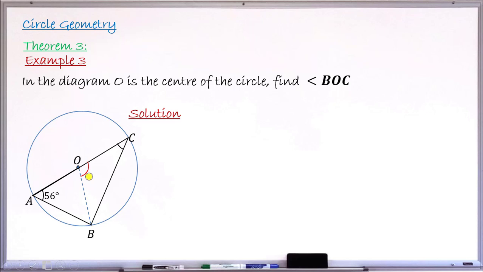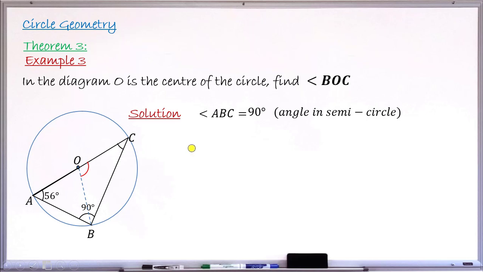So let us move. I can find this angle ABC, because it is an angle in a semicircle. Let me call that angle ABC. That angle ABC is 90 degrees because it's an angle in a semicircle. And if this is 90 degrees, and I have this angle 56 degrees, looking at this triangle ABC, I have two angles, so I can always find the third angle.